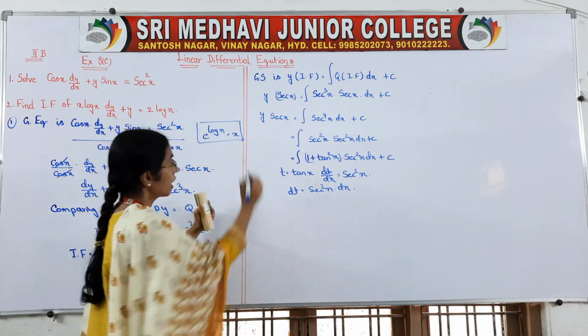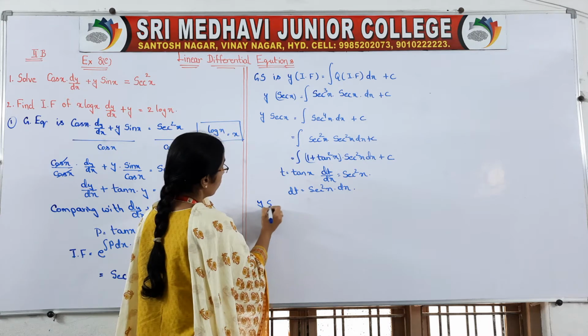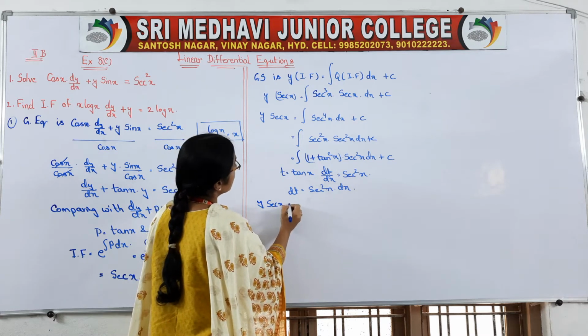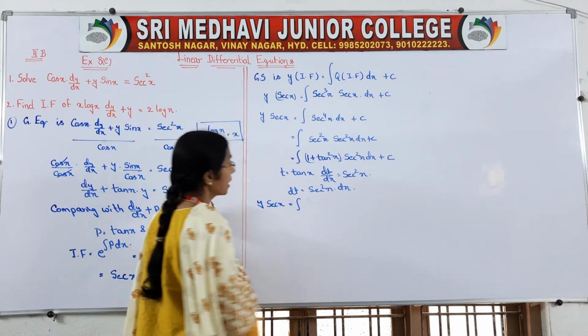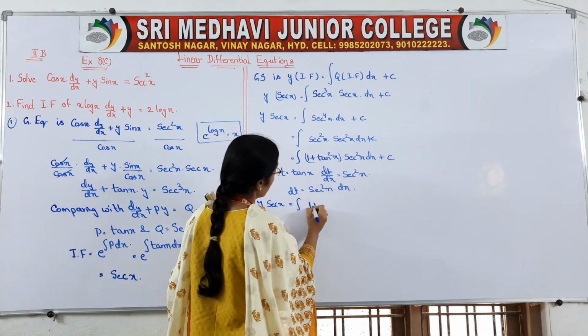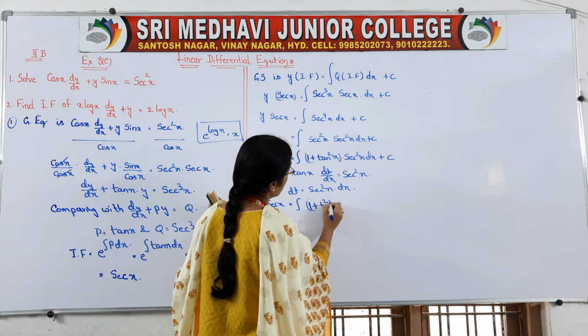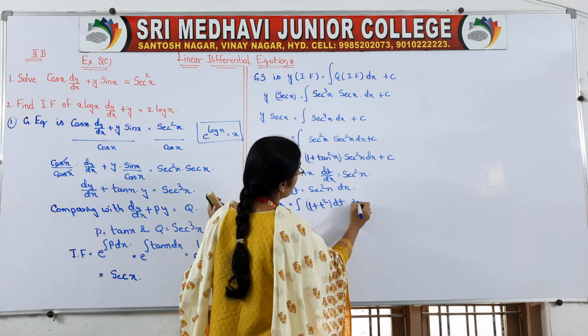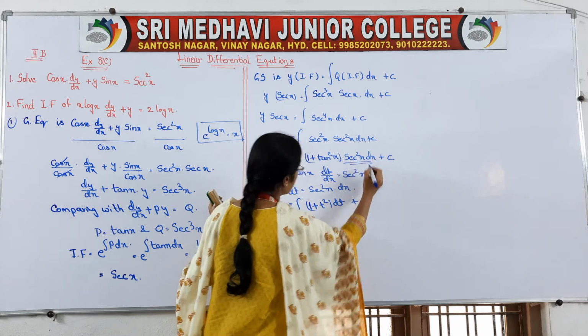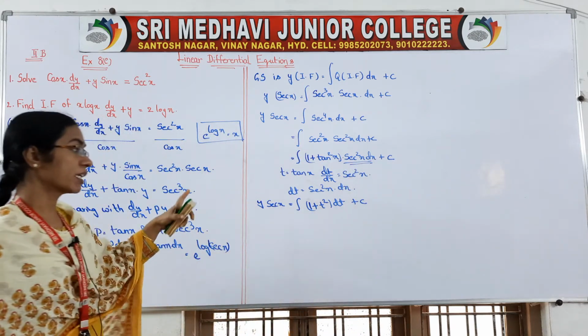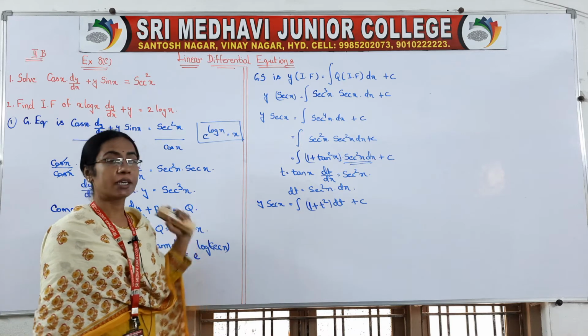Then what happens to your integral? y into secant x is equal to the integration of 1 plus t square into dt plus c. Secant square x dx is nothing but dt.